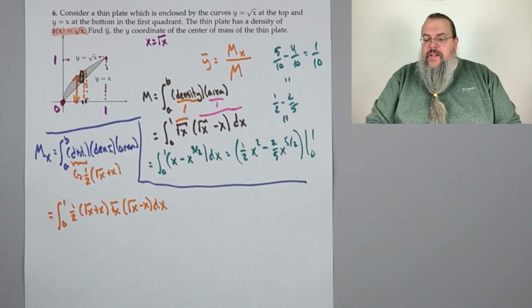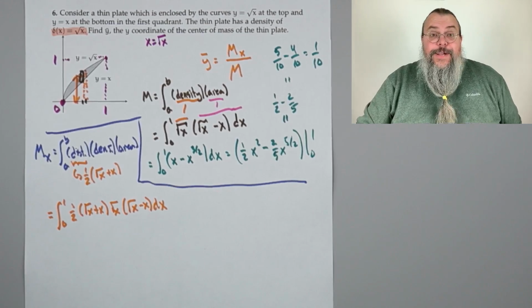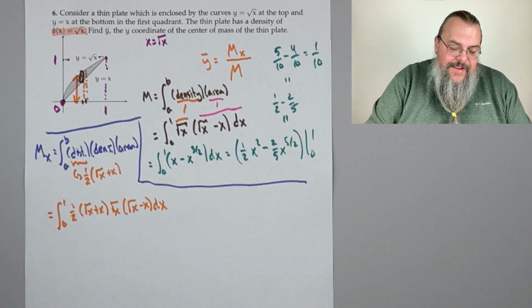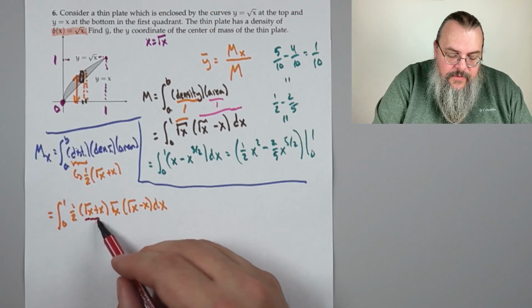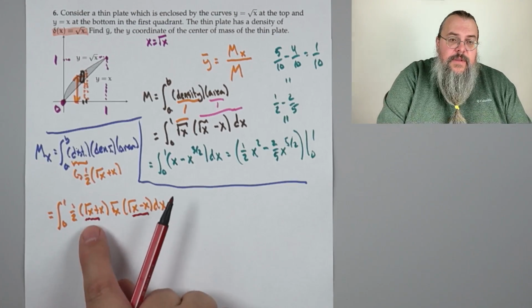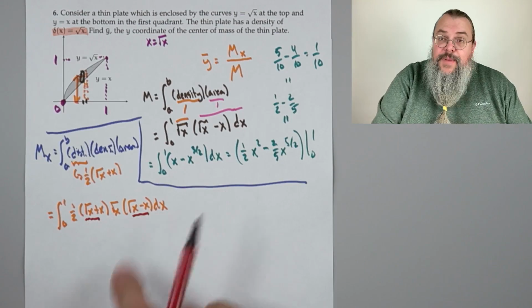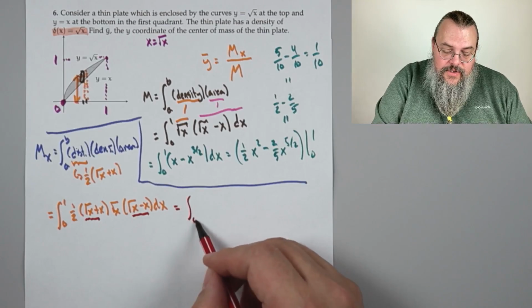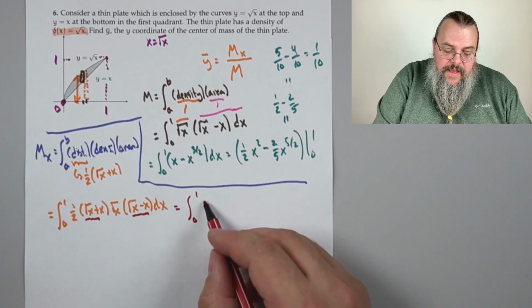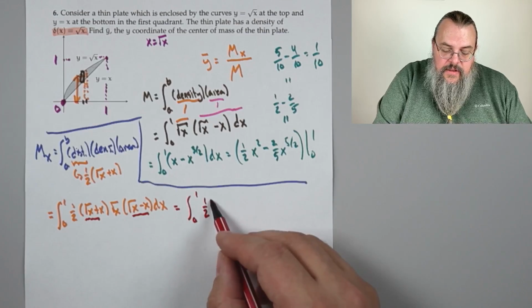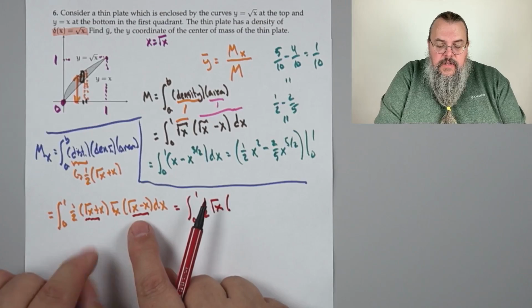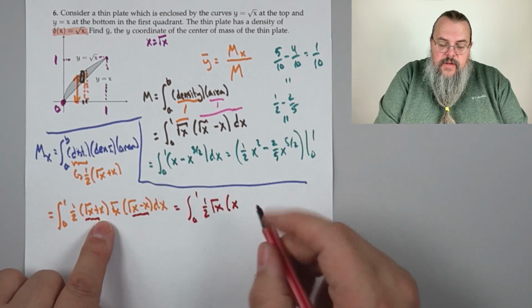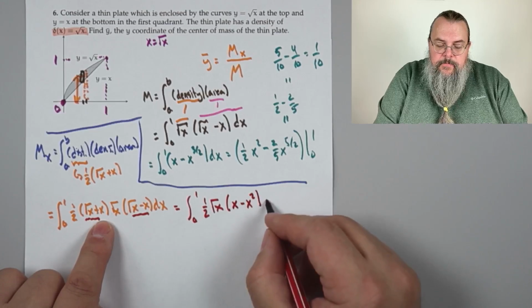Okay, now the good news is things are going to simplify. Well, we would certainly hope so at this point. When you find this one, you'll notice you have something that looks like a plus b, a minus b. So what turns out to happen is you have the half, we'll have our density, square root of x, and then you'll get a squared, which is x, minus b squared, x squared.